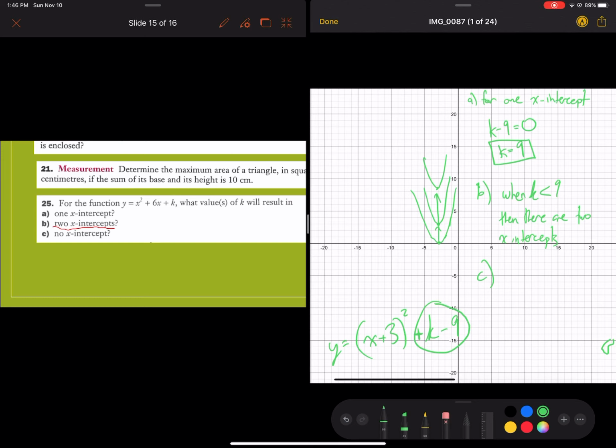But if k is 10, it's positive. If k is 11, it's positive. If k is 9.1, 9.1 minus 9 is positive. So when k is greater than 9, there is no x-intercept. That's it.